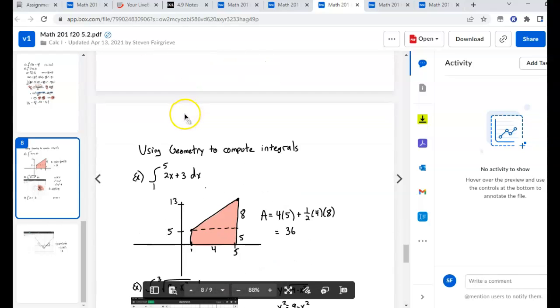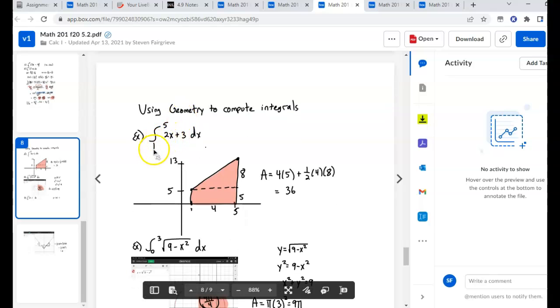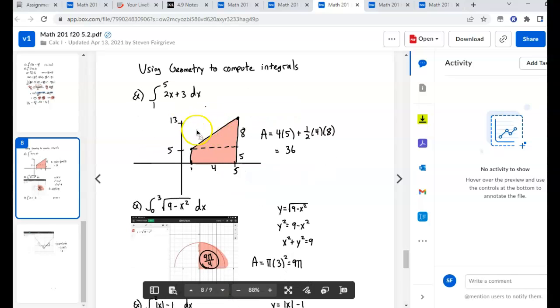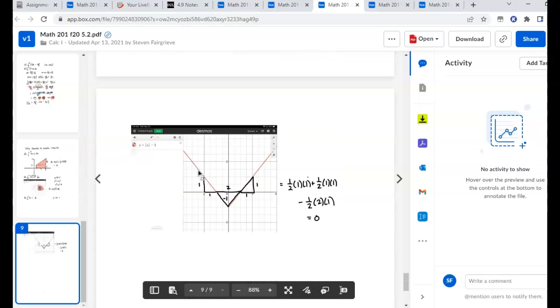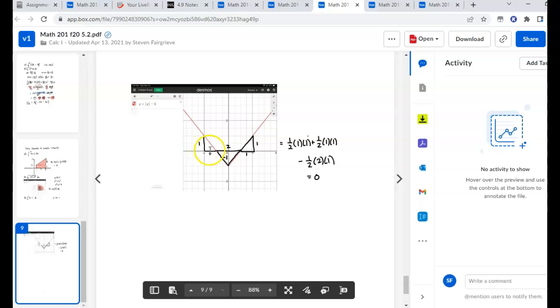The other thing that we talked about in this section with the definition of the definite integral was using geometry. So you can expect some problems very much like the problems that we did in the notes, where you're doing a definite integral by graphing it, and then computing the area if it's a positive function, or, as was the case with this particular one, one that was both above and below.